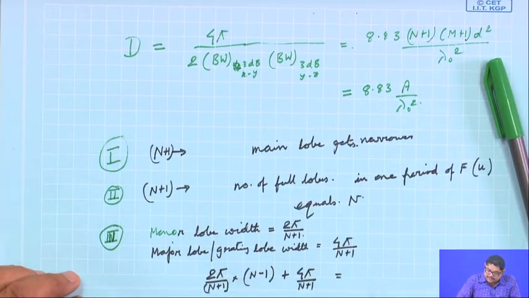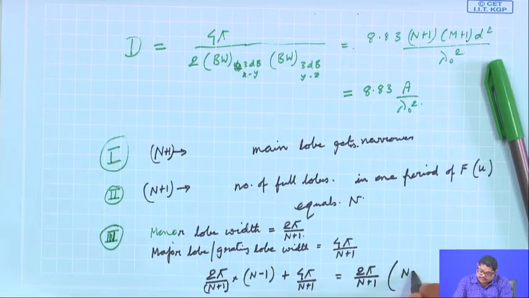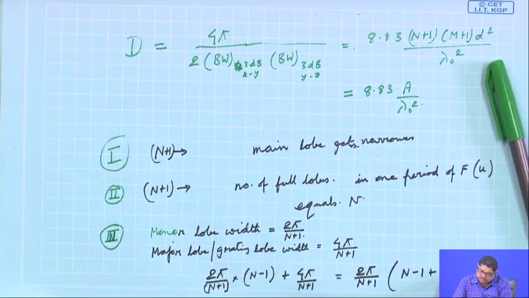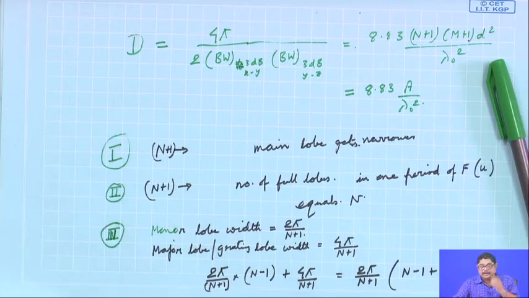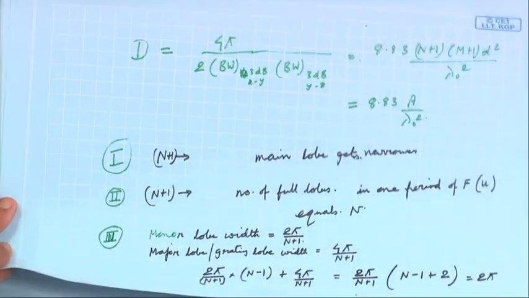What is this? You can take 2 pi by n plus 1 common, that gives you n minus 1 plus 2. So, it is n plus 1, so it is 2 pi, and we always say that F(u) is a periodic function with 2 pi as the period.